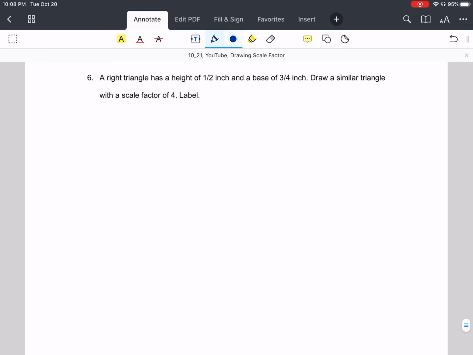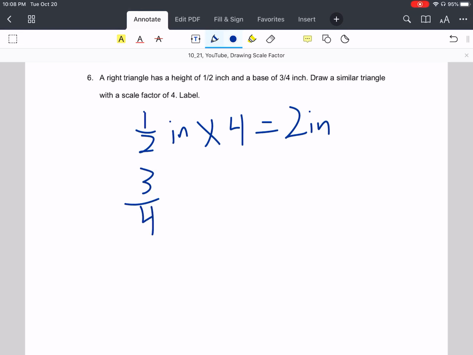A right triangle has a height of 1/2 inch and a base of 3/4 of an inch. Draw a similar triangle with a scale factor of 4. So we want to make this triangle bigger. Going 1/2 for the height times 4, which gives us 2 inches, and 3/4 inches times 4, and that gives us 3 inches.